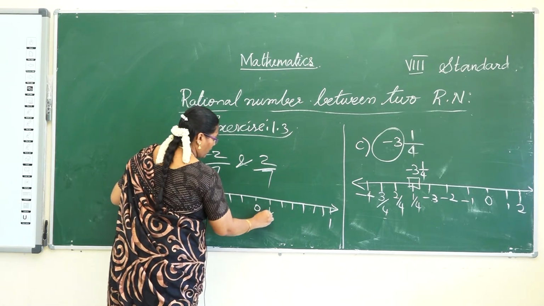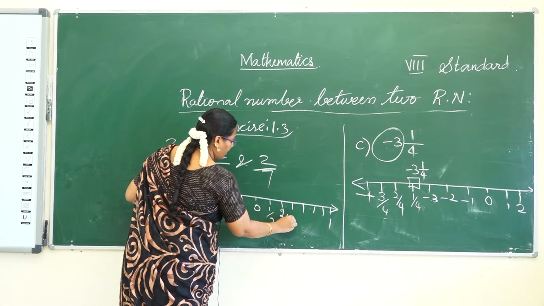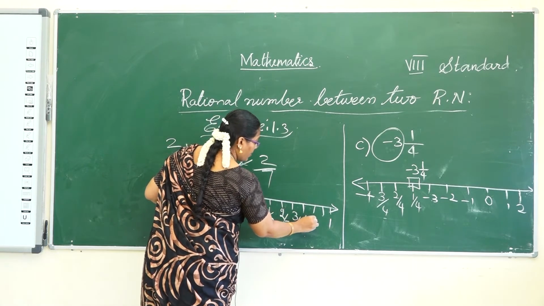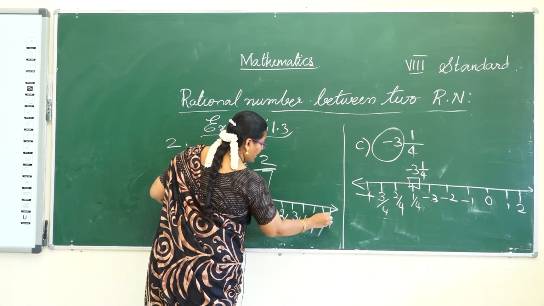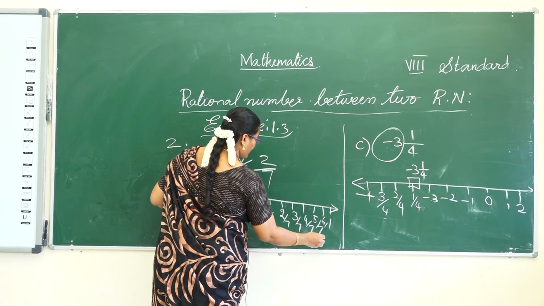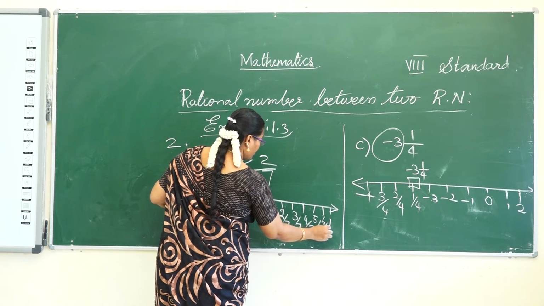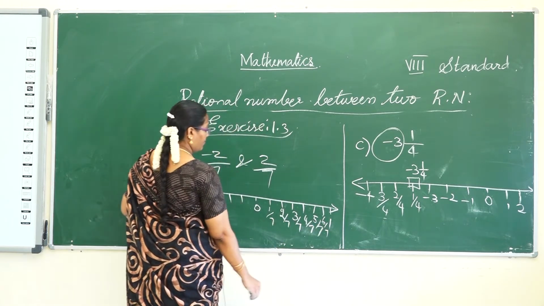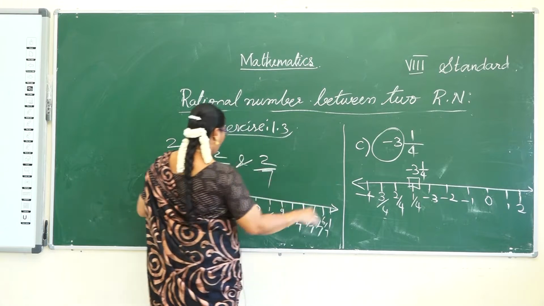It's marked 1 by 7, 2 by 7, 3 by 7, 4 by 7, 5 by 7, 6 by 7. 7 by 7 will be 1.